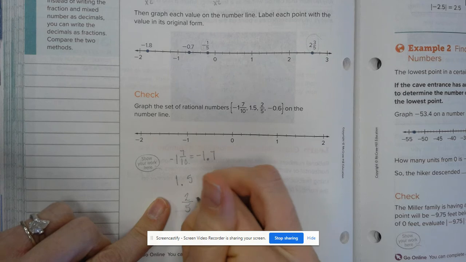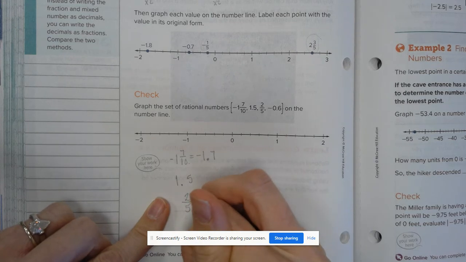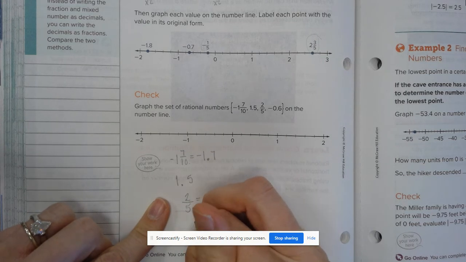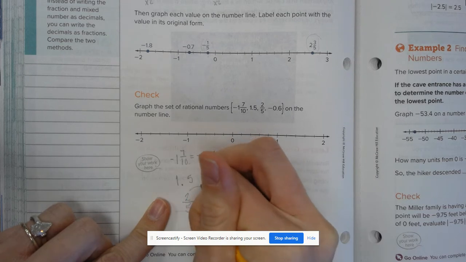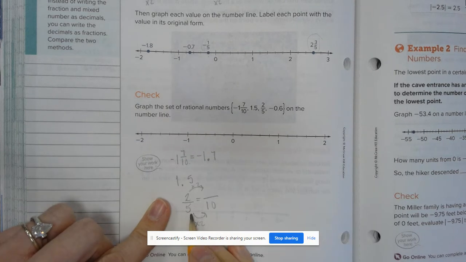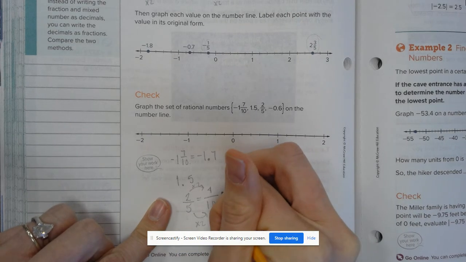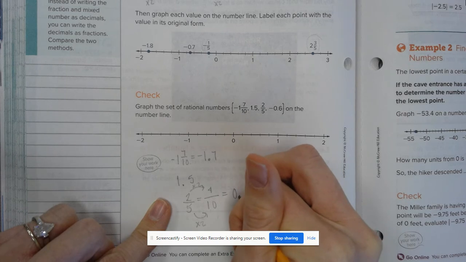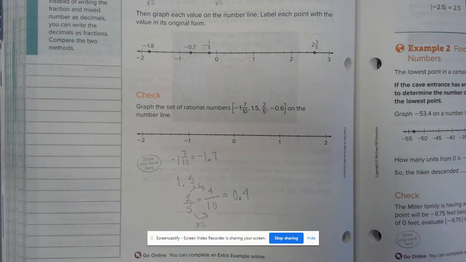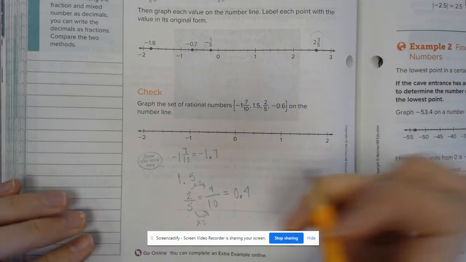This one, I'm going to go ahead and make an equivalent fraction so I can turn it into a decimal. To get from 5 to 10, I times it by 2. So I'm going to do the same thing to the numerator. 2 times 2 is 4. I get 4/10, which is the same thing as the decimal 0.4. And the last one is already done for us. We get -6/10.